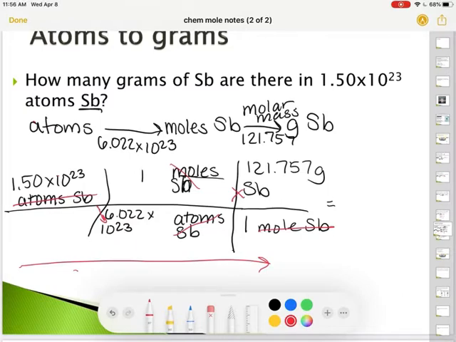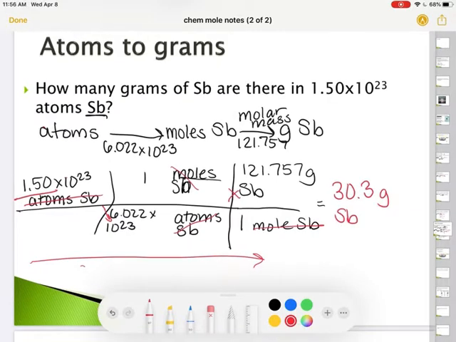Then multiplying times 121.757. When you get an answer, it is rounded to my original number of digits. So that was 3 here. 30.3 grams of antimony. Okay.